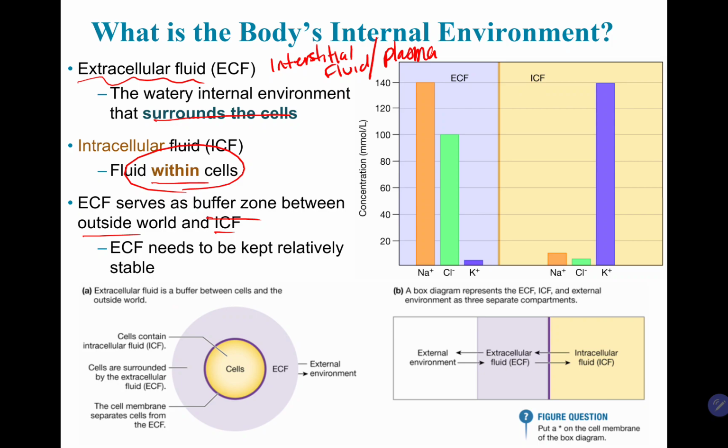And so that extracellular fluid needs to be kept relatively stable. You also got to remember these ions and where they are abundant. Intracellularly, inside the cell, you're going to find more potassium. However, outside the cell, in the extracellular fluid, you're going to find more sodium and, of course, more chloride, okay?